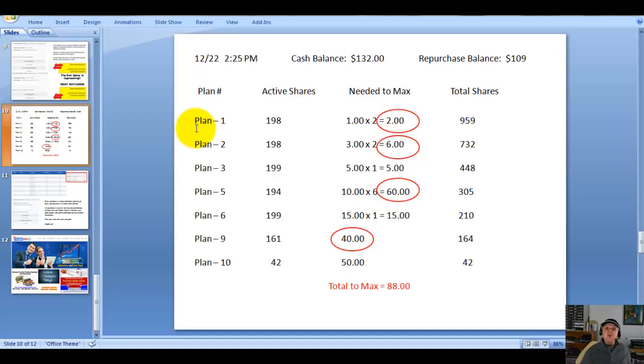So you start by listing what plan you're working on, how many active shares you're showing in there, and then I take the amount of money that each share costs and I multiply it by the number of shares that I need to max out to 200, and I work up that math to see how much it would cost me to max out that level.